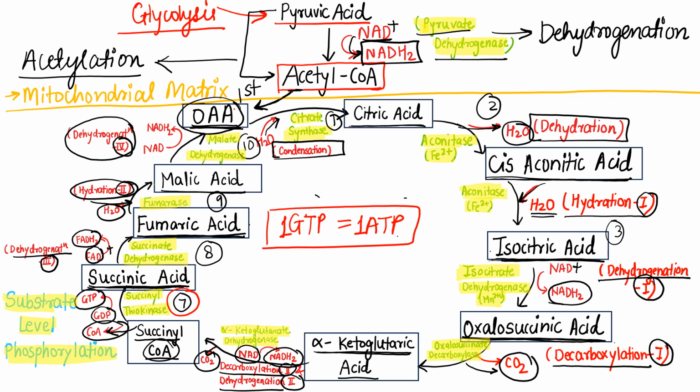So this is the fourth dehydrogenation in the Krebs cycle. Here NAD plus gets converted to NADH2. And then this Krebs cycle again continues. So this was Krebs cycle, and Krebs cycle is also carried out in mitochondrial matrix. Glycolysis takes place in cytoplasm, and Krebs cycle and acetylation takes place in mitochondrial matrix.